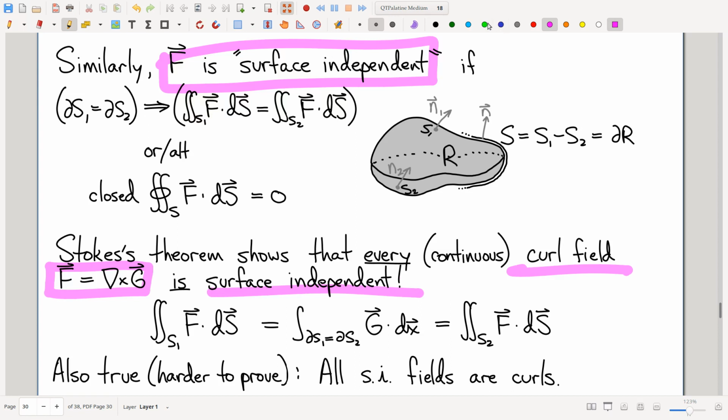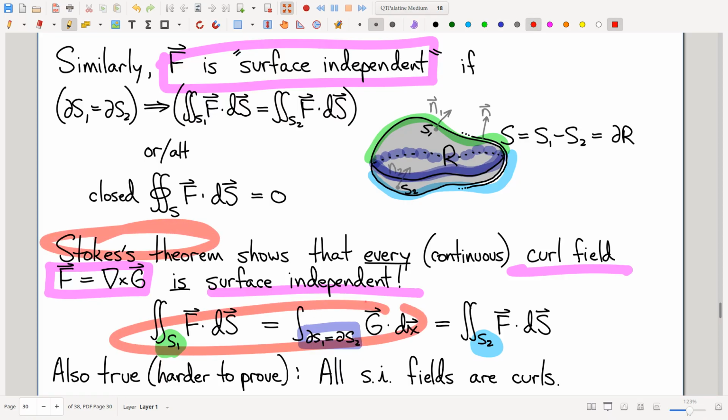Stokes' theorem says that if you've got one surface and another surface that have a common shared boundary curve, then if I write down Stokes' theorem in each of these cases, each one of these fluxes is a line integral around the exact same boundary.